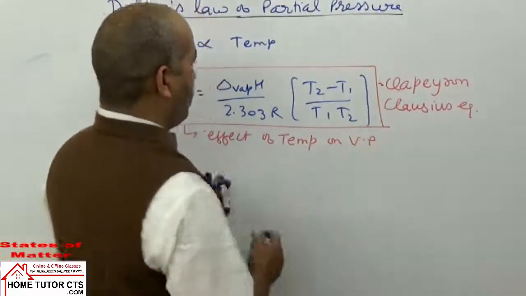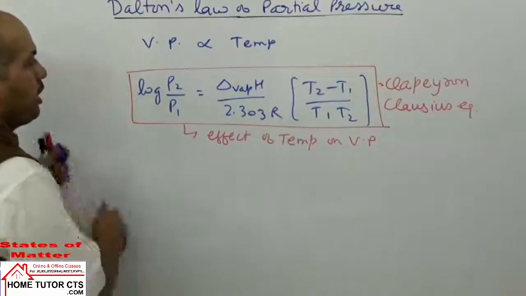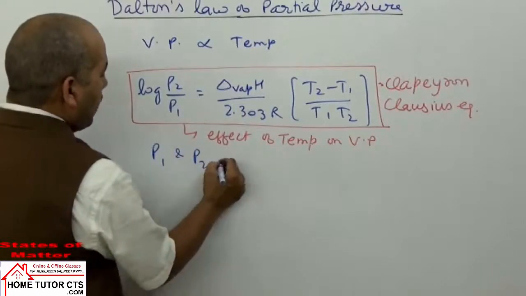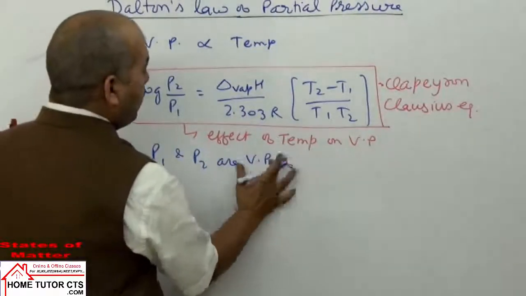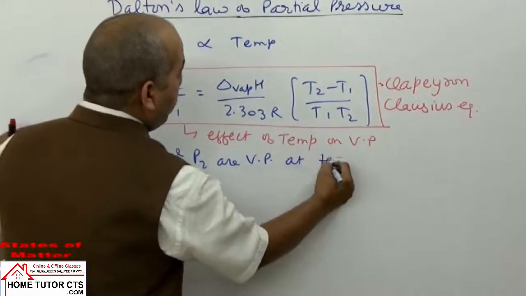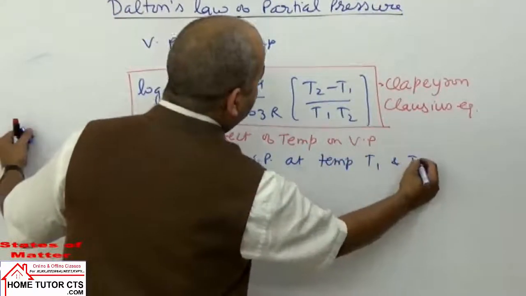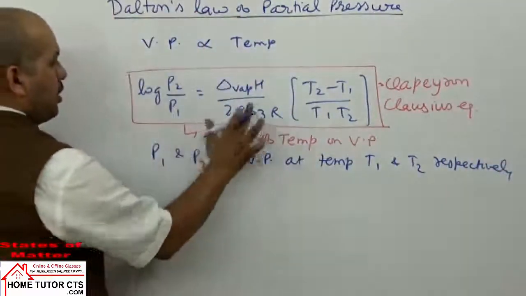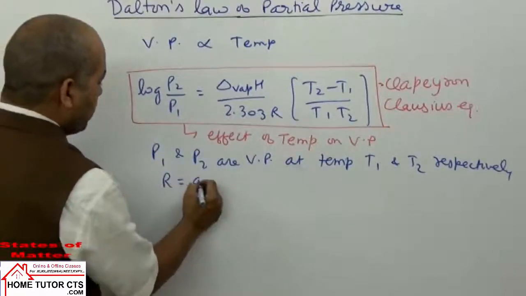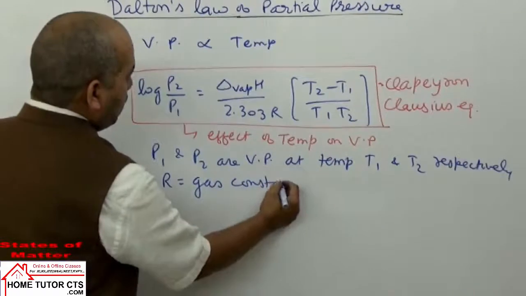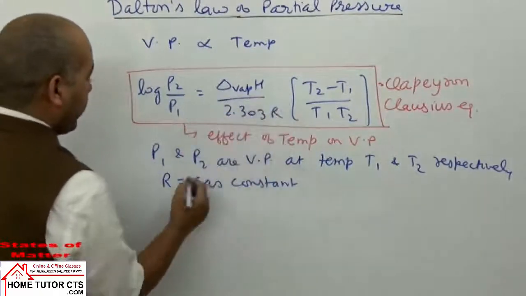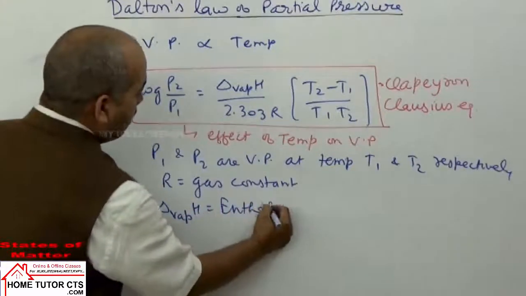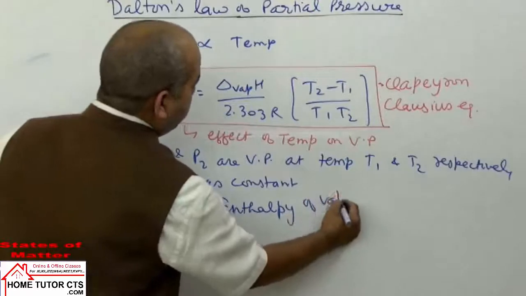This equation gives effect of temperature on vapor pressure. In the given expression, P1 and P2 are vapor pressure of liquid at temperatures T1 and T2 respectively, and R is gas constant, and then you can take delta H vaporization. It is called enthalpy of vaporization.